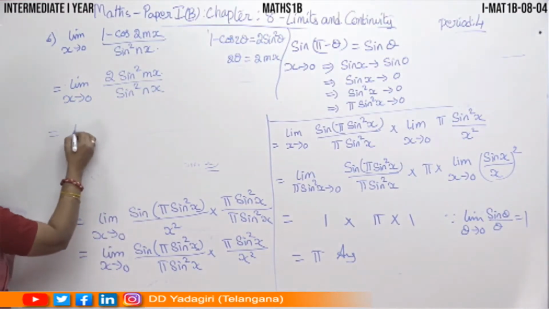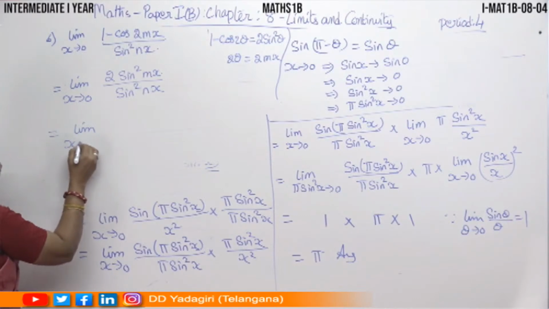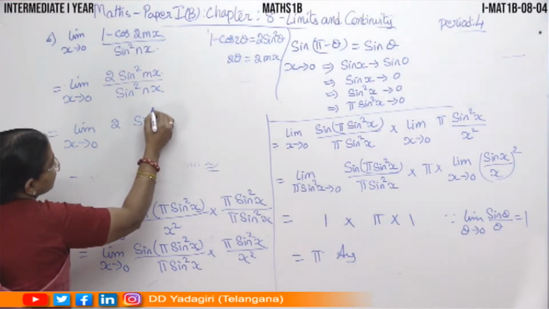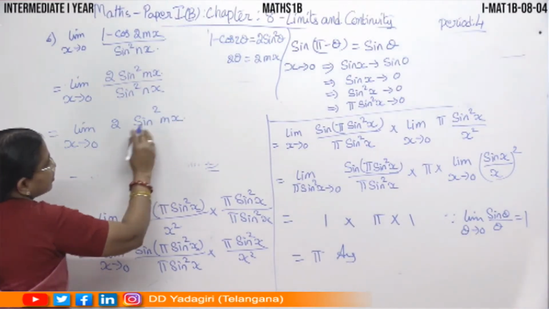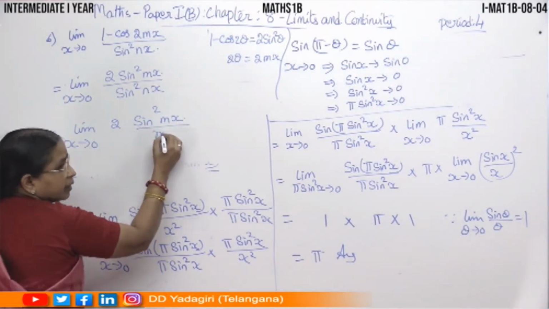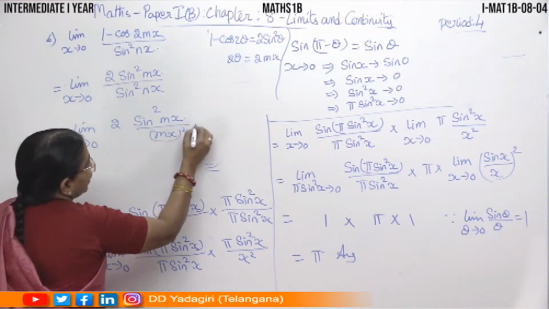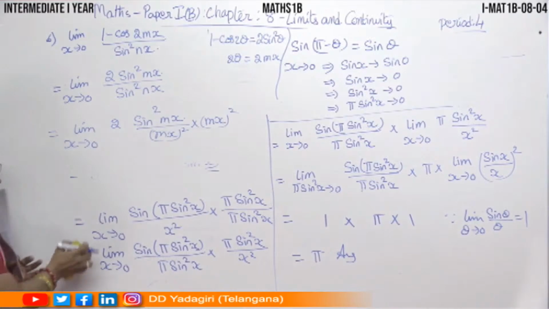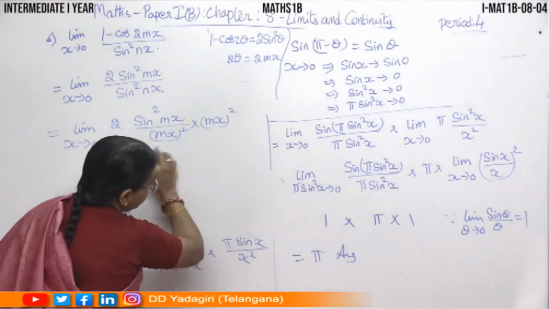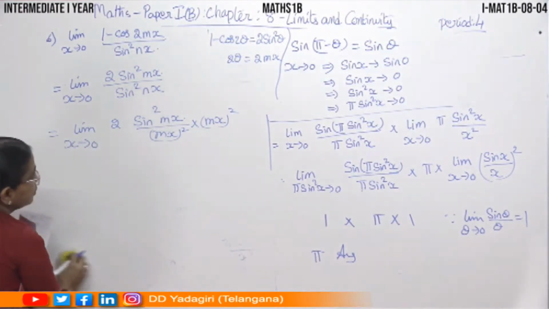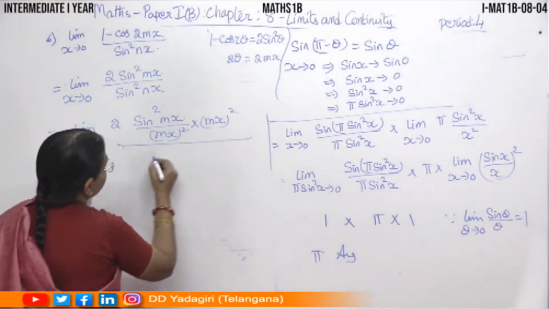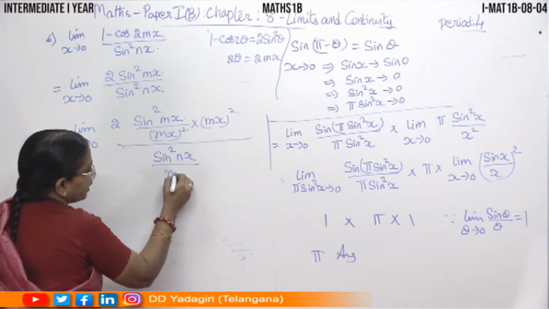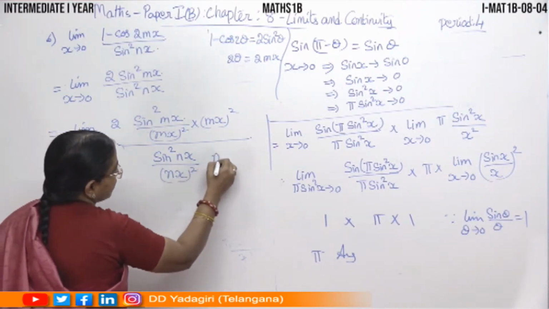Now what we do is we'll write the limit x tending to 0 of 2 into sin square of mx. We should multiply and divide by mx whole square so that it is reduced to the standard form. In the same way for the denominator, sin square of nx is there, so multiply and divide by nx whole square.